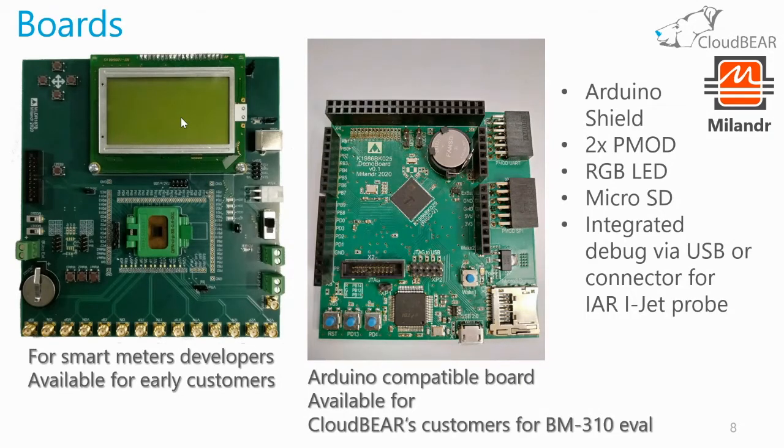This board is available for CloudBEAR customers as well, for evaluation of the core. If you like, you can have it from us during the evaluation process. And I hope this board will also be more widely available for other people who want to prototype something with RISC-V.